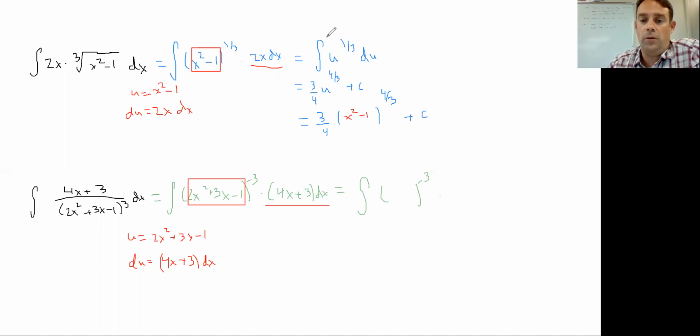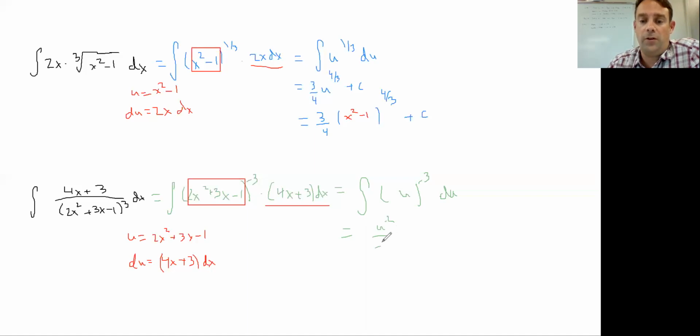And we're going to plug everything in here. So I have u to the negative 3 du. So I have negative 1/2. Let's not do that. Let's write it this way: u to the negative 2 divided by negative 2.